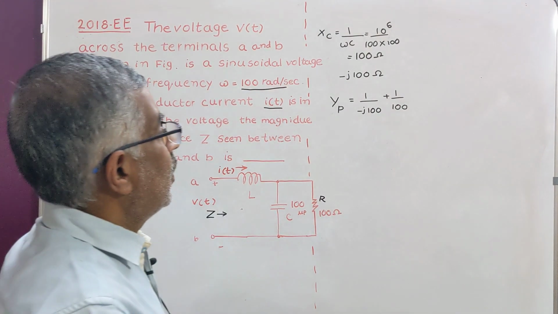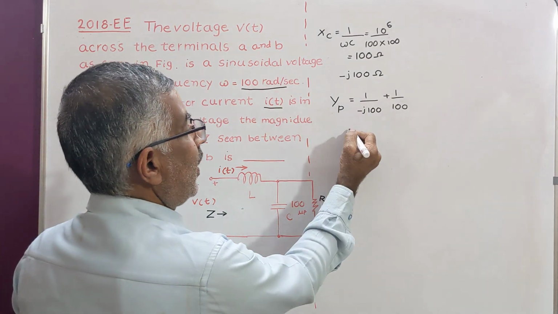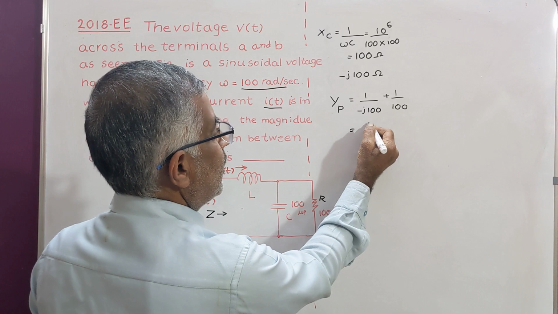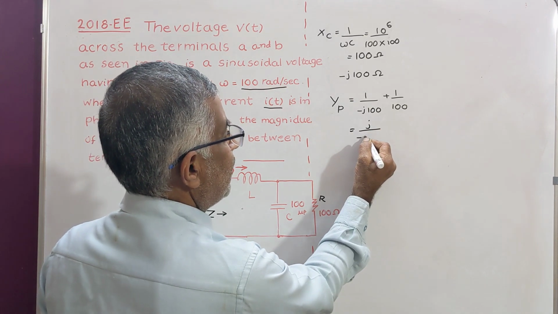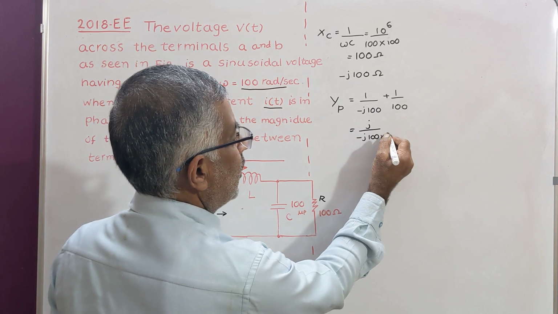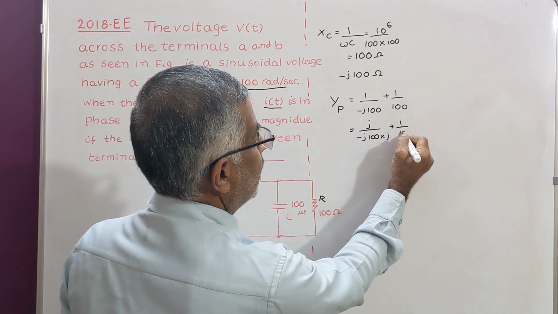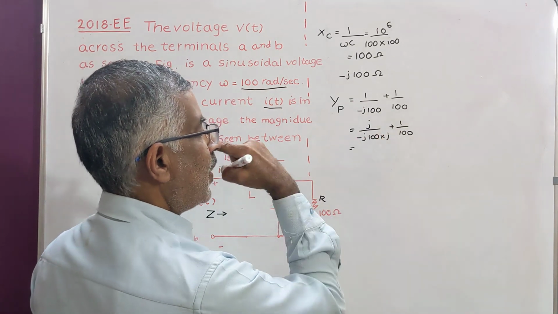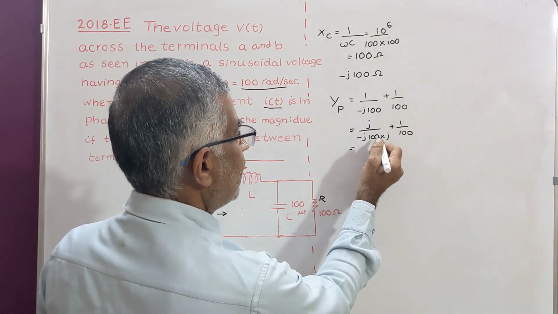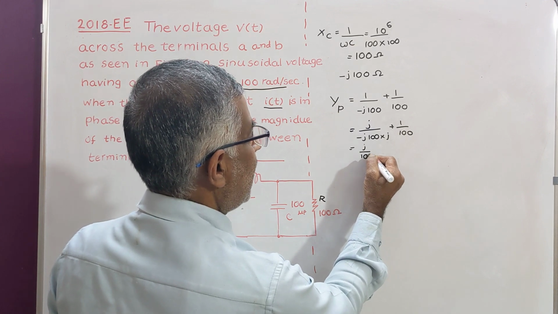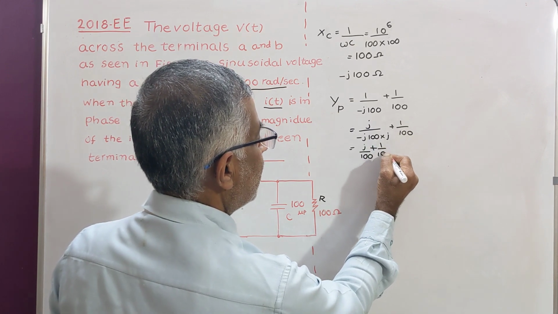Now I will multiply the numerator and denominator by J. Minus J100 into J plus 1 by 100. J squared is minus 1, minus of minus plus 1. Therefore, it is J by 100 plus 1 by 100.